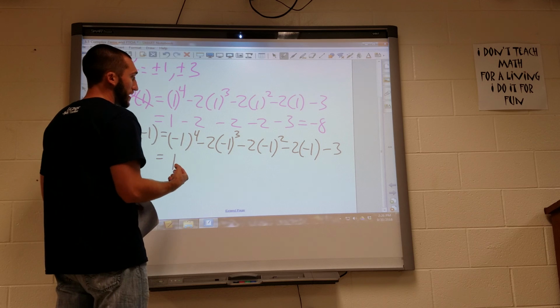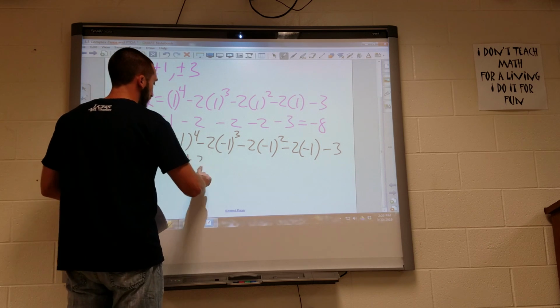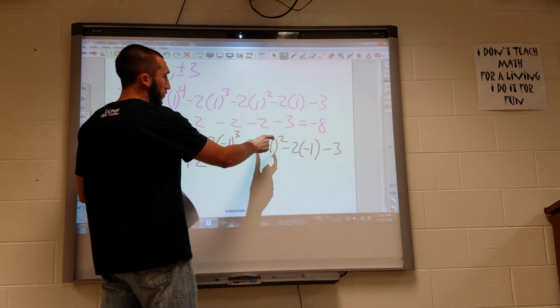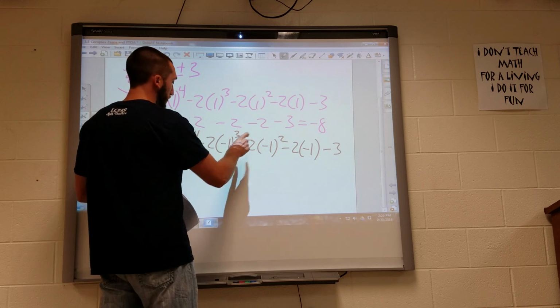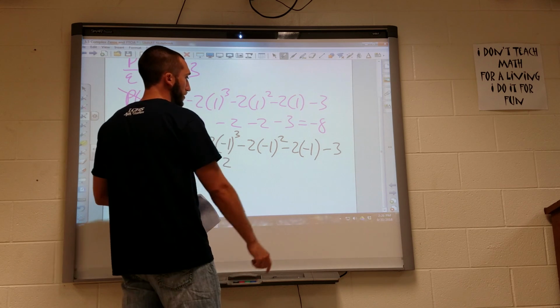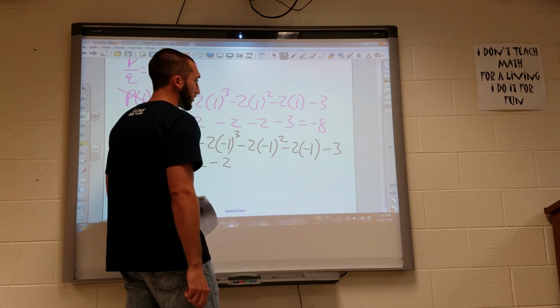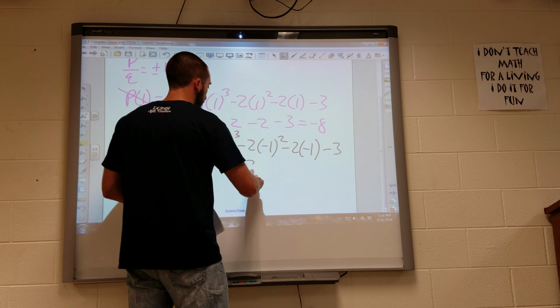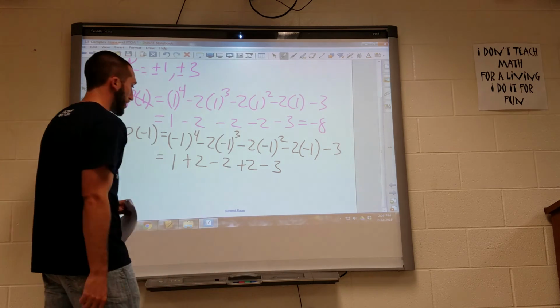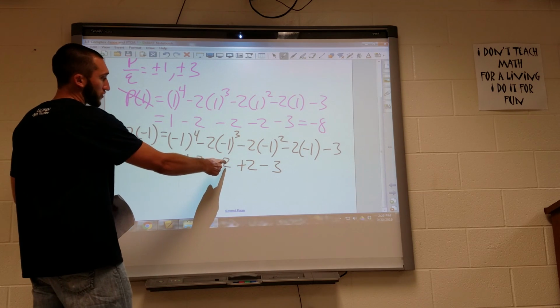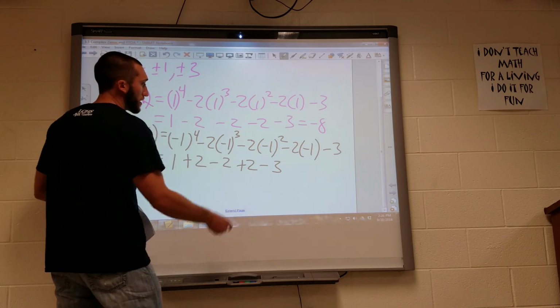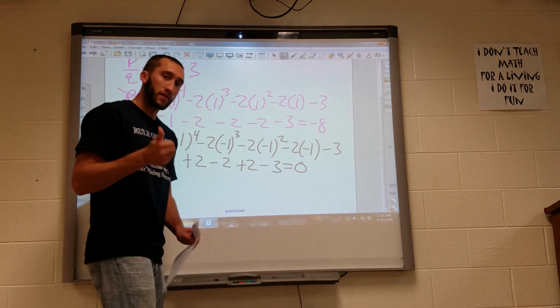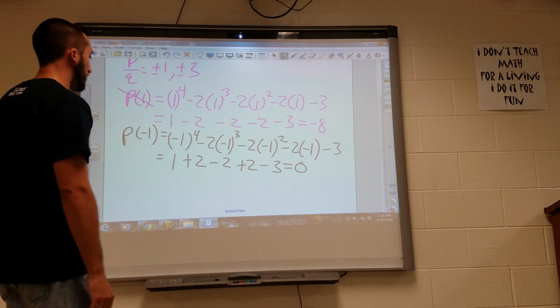That's going to keep it negative, so I really get plus 2. Negative 1 squared is going to turn into a positive 1, so that's going to stay a negative 2. And here 2 times negative 1 is going to make that a negative 2, so a negative 2 is plus 2 minus 3. So here I've got 3 minus 2 is 1, plus 2 is 3, minus 3 is 0. Negative 1 is a 0.